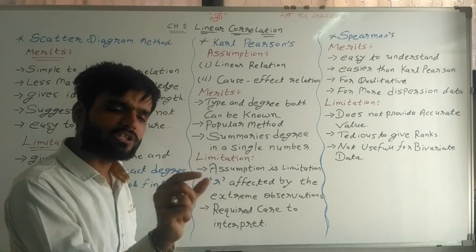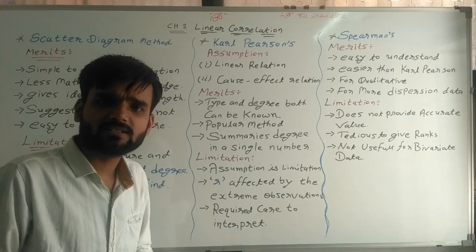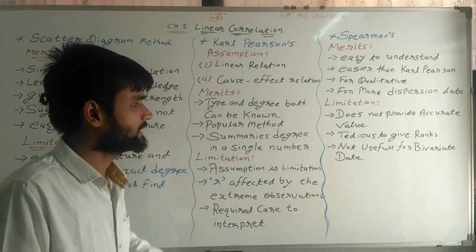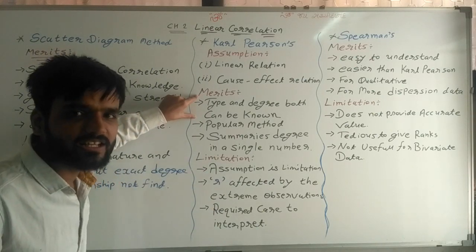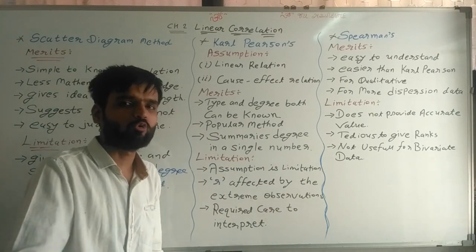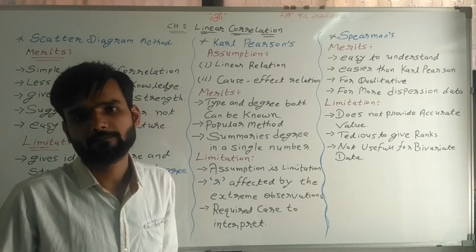If answer is nearer to 0.5, then we can say there is moderate relation. And that's why its merit is that type and degree both can be known. That is the first merit of Karl Pearson.